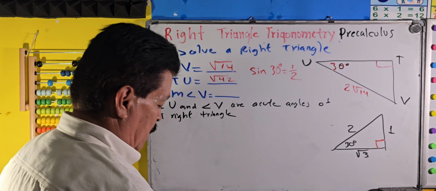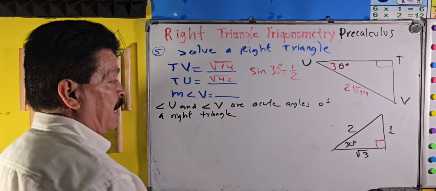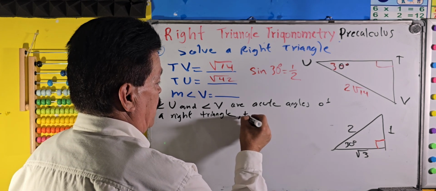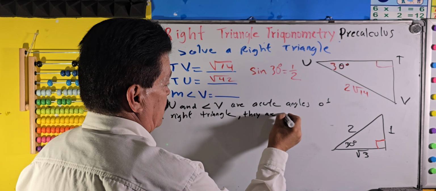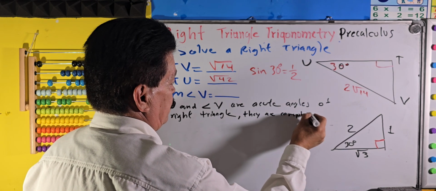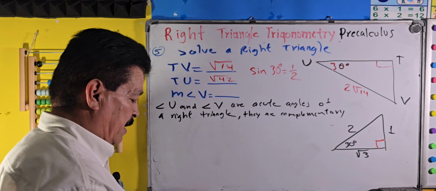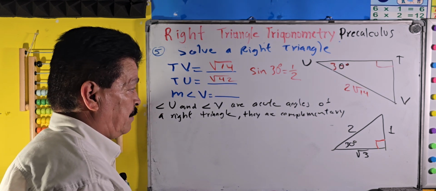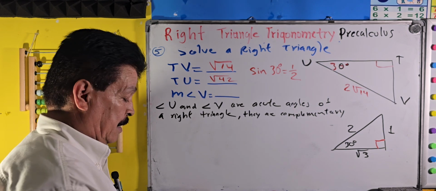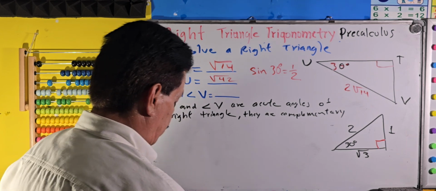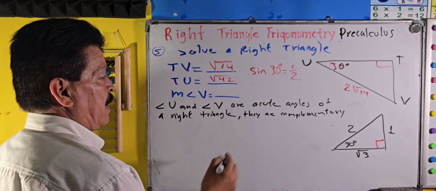So this means that they are complementary. The complementary angles are equal to 90 degrees.